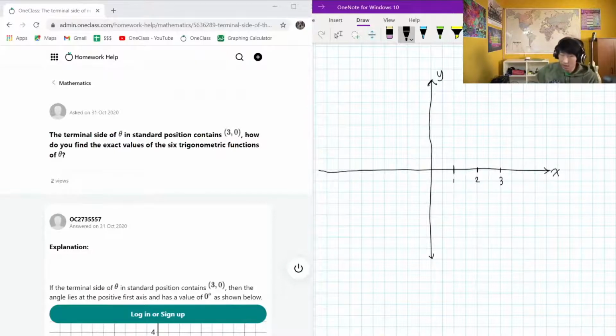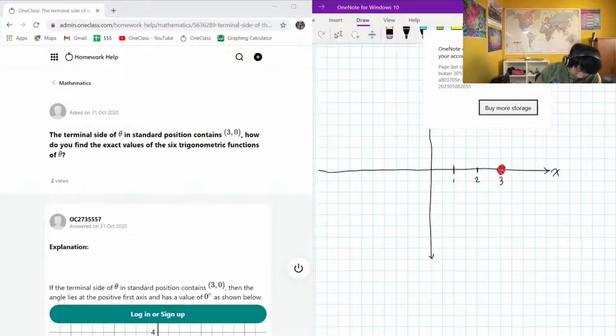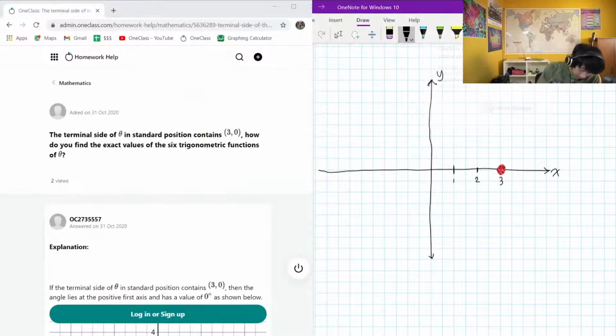Our X position is 3 and our Y position is 0. That just means we're on the X-axis, so our point of interest is going to be right here. So our angle is definitely going to look like this.